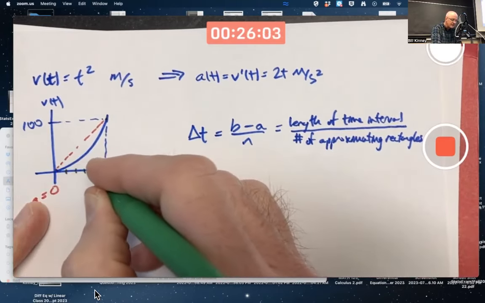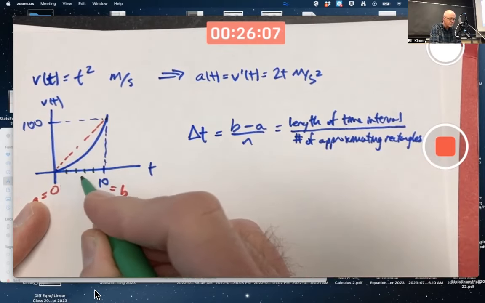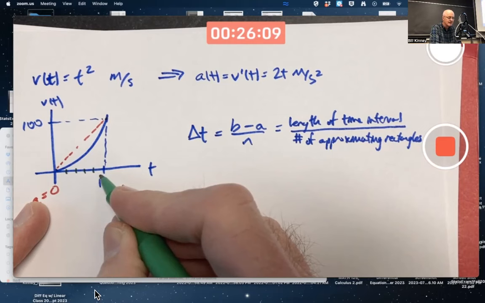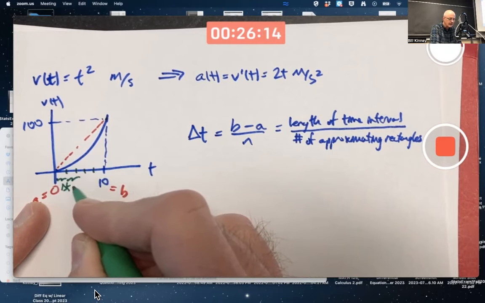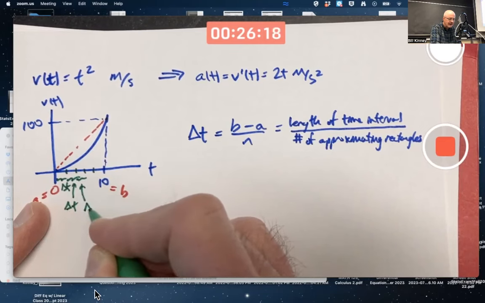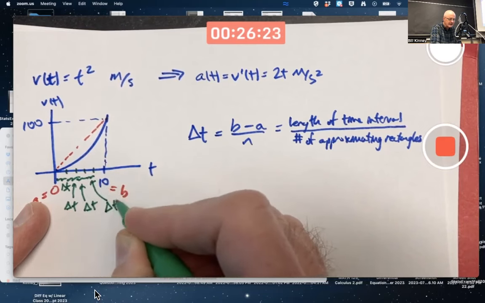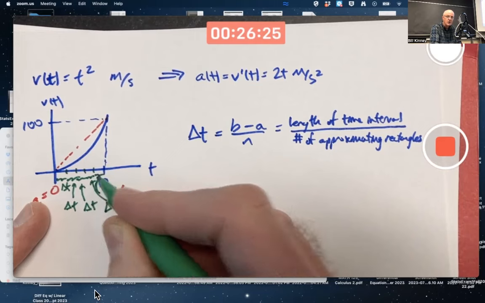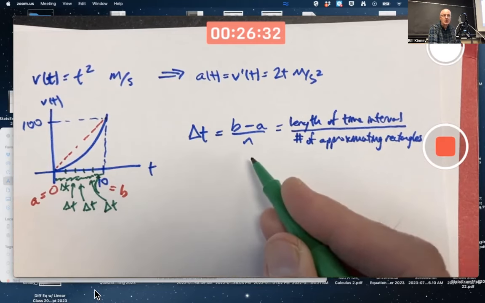I want to break up this interval into a bunch of pieces. Here I've broken it into 1, 2, 3, 4, 5 pieces, each of length delta t. In this case, if I've broken the interval into 5 pieces, delta t is going to be 2, right? 10 minus 0 over 5 is 10 over 5, which is 2. 2-second time intervals.